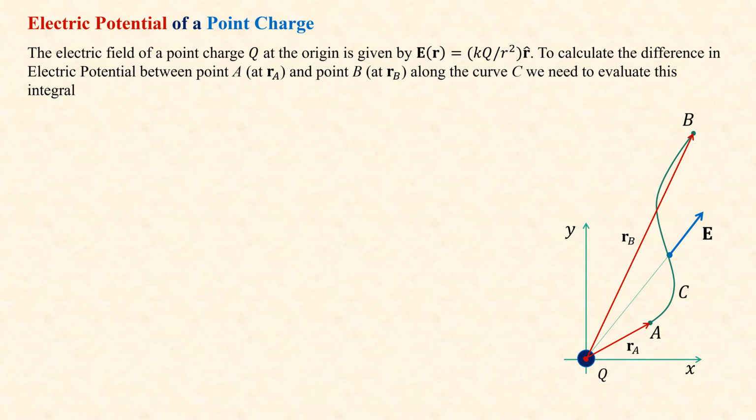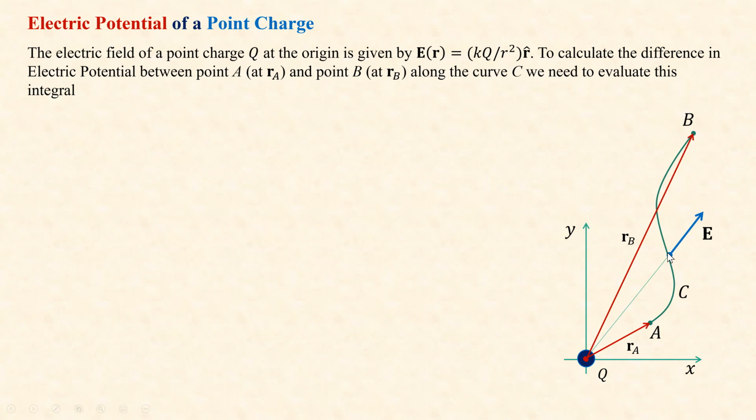Now we want to find the difference of electric potential between point A, which is at the radial position vector RA, to point B, which has position vector RB, right? From here to there.